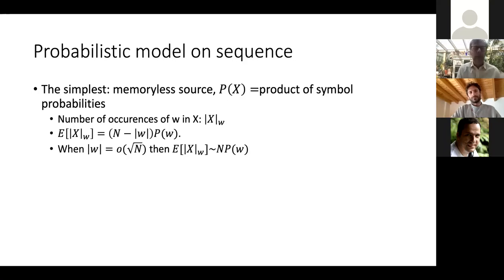And if W is of sufficiently small size, then basically the average number of positions is the size of X times the probability of occurrence of factor W in the model of the source X. You have to be careful that it is not the model of generation of the factor W, which is just given at the very beginning. It is the model of generation of the text X.